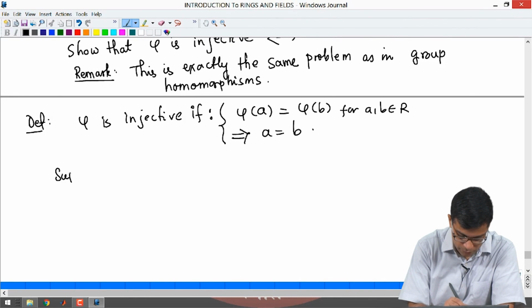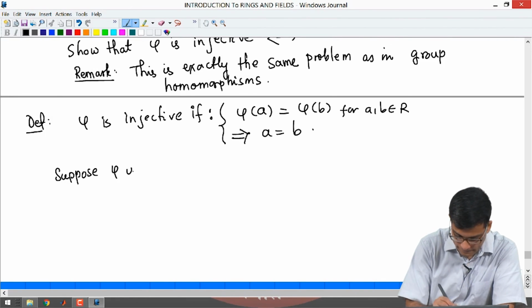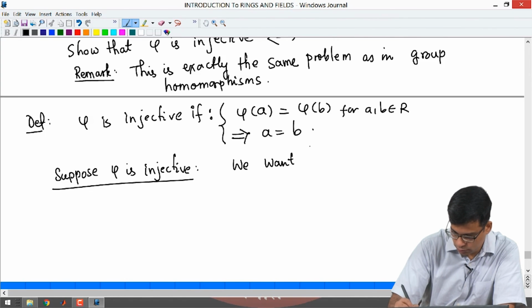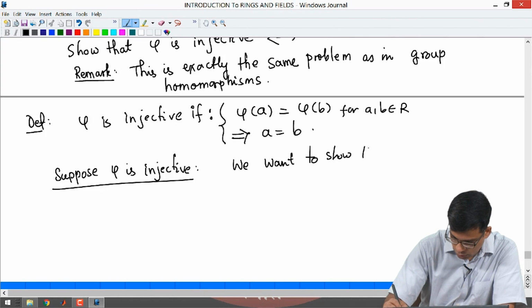Suppose phi is injective. We want to show kernel phi is 0.